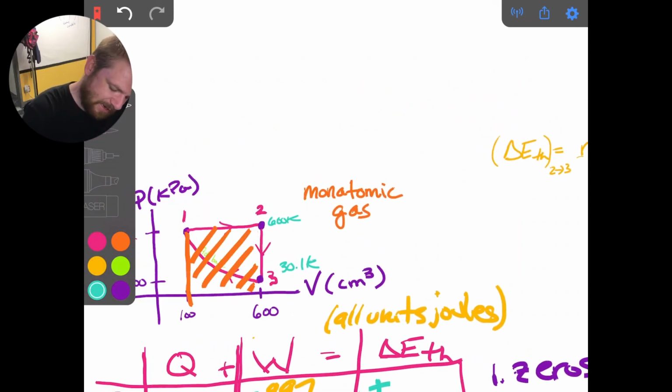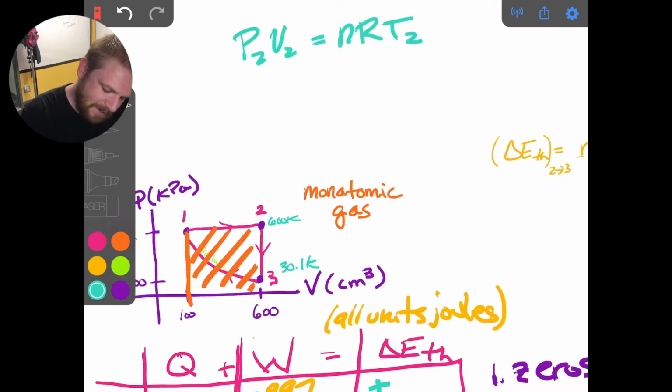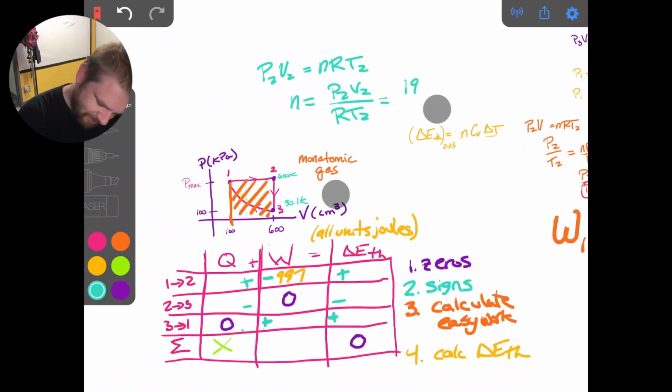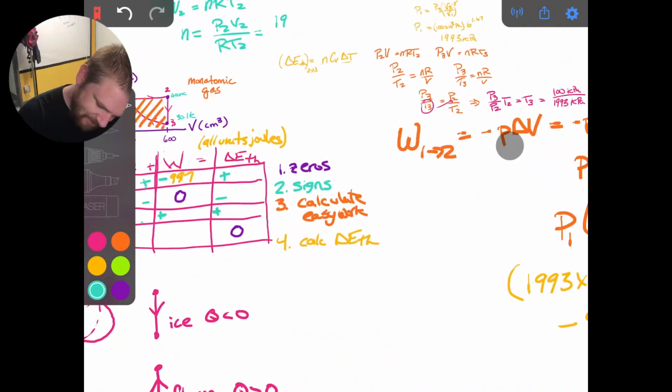So we have P2V2 is equal to nRT2. And we want to calculate n here, so let's just solve for it. n is equal to P2V2 over RT2, which is going to be equal to P2, which is our 1,993 kilopascals.